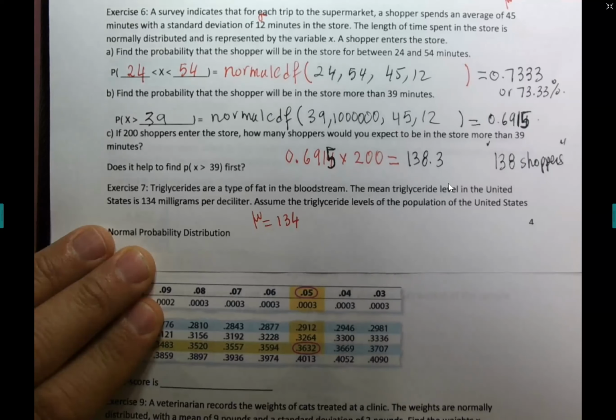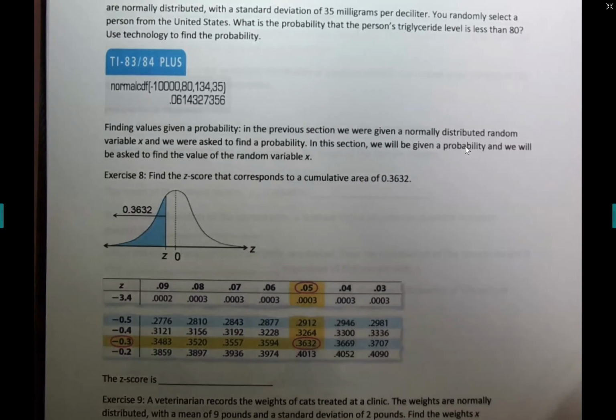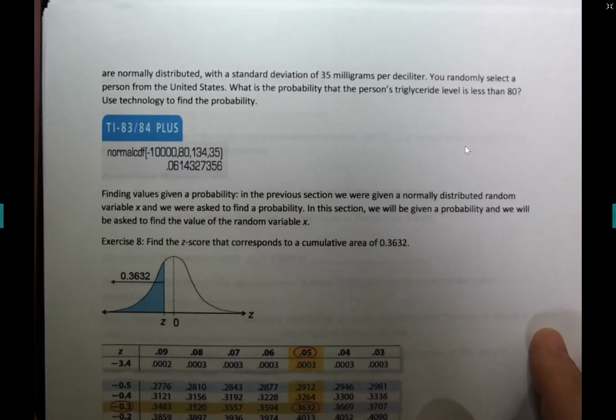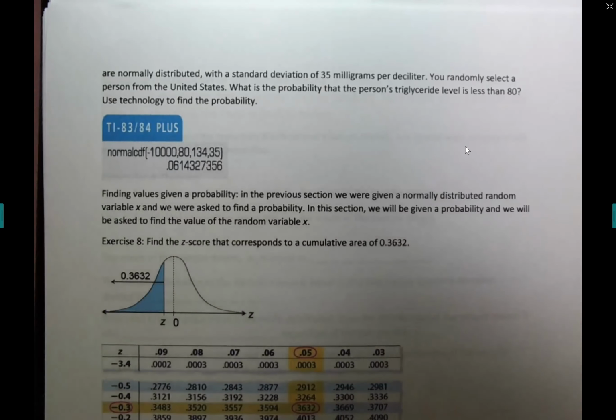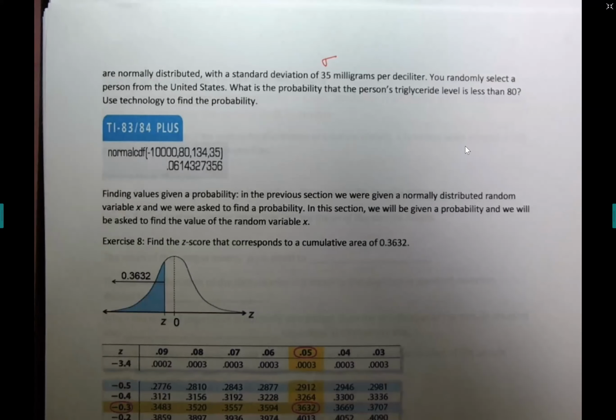Assume that the triglyceride levels of the population of the United States are normally distributed, so they are bell-shaped, with a standard deviation of 35. That's sigma.